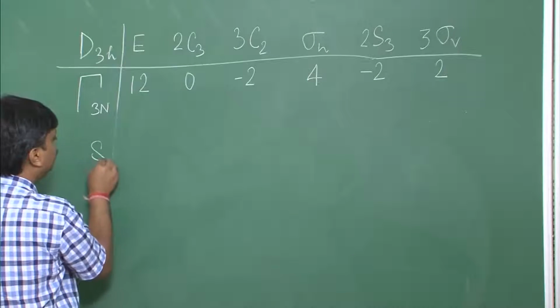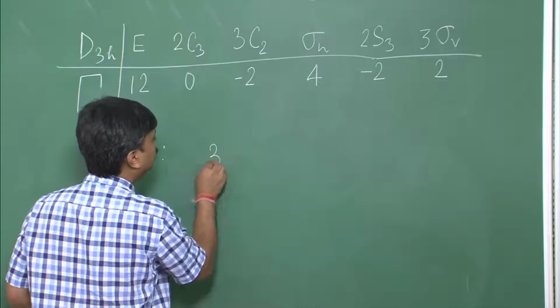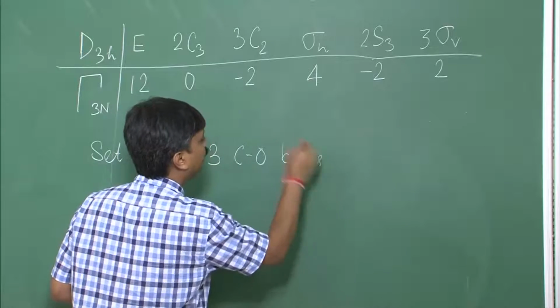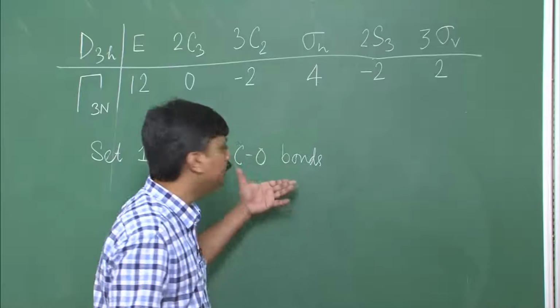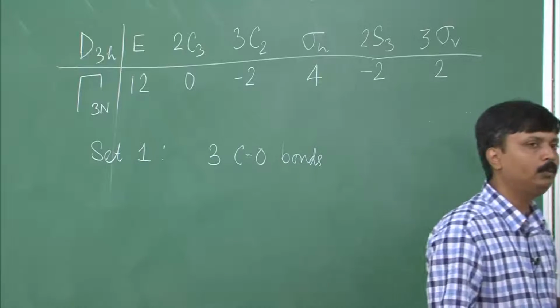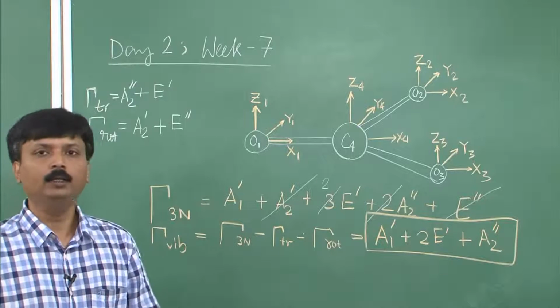So I can consider a set 1 which has 3 CO bonds. They act as my basis functions. Then on these 3 CO bonds, I operate all the symmetry operations of the D3h point group and I form the representation. All right, and then I reduce that.